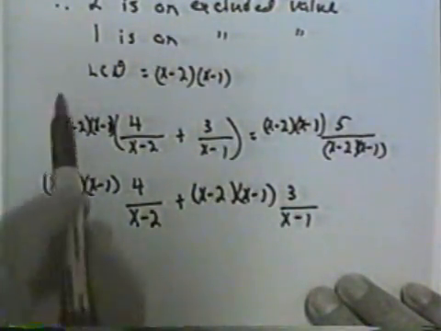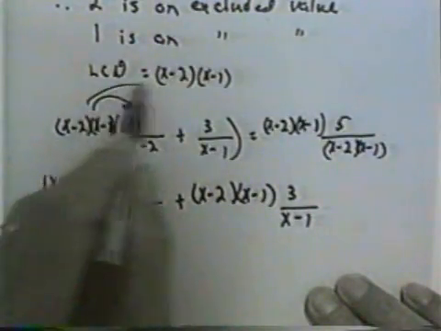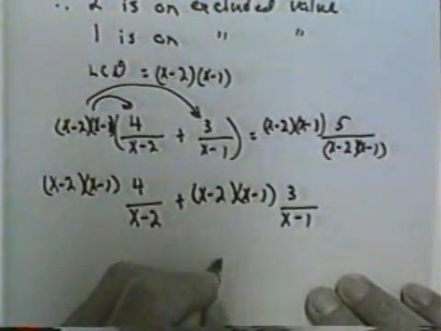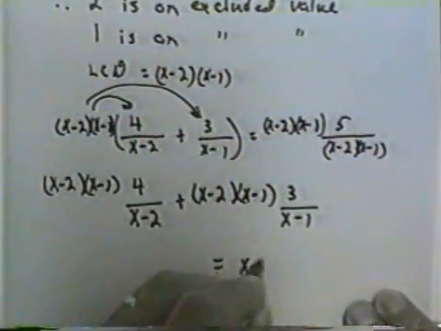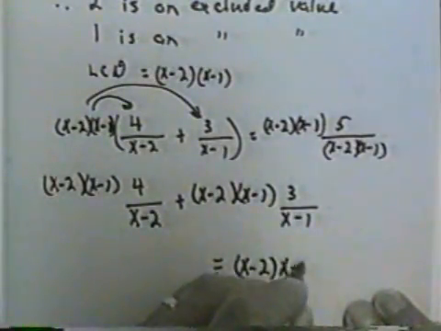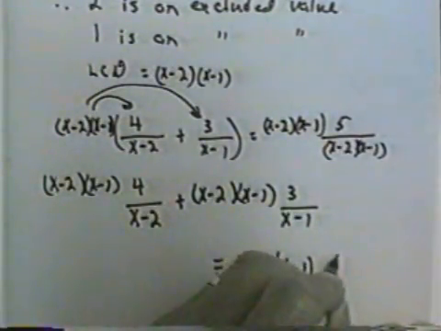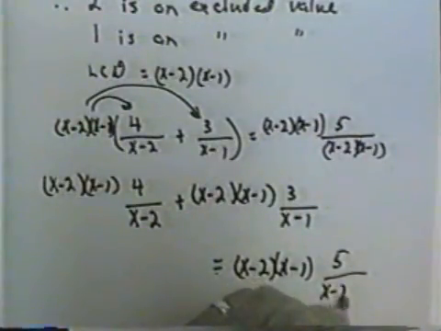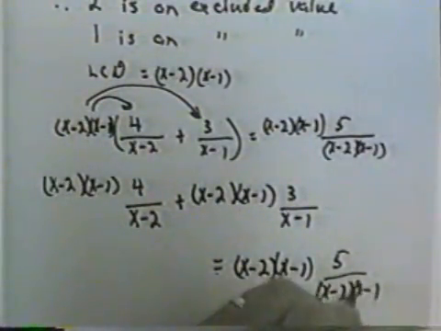So I distributed, multiplied like this, is equal to x minus 2 times x minus 1 times 5 over x minus 2 and x minus 1.